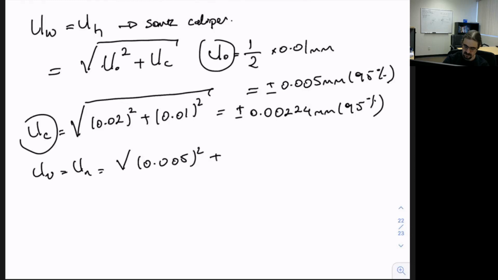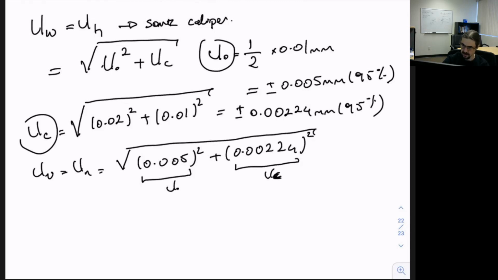That's U0, plus 0.00224 squared, that's UC, in square root, and that answer will be plus minus 0.023 millimeters, and that's at 95 percentile.